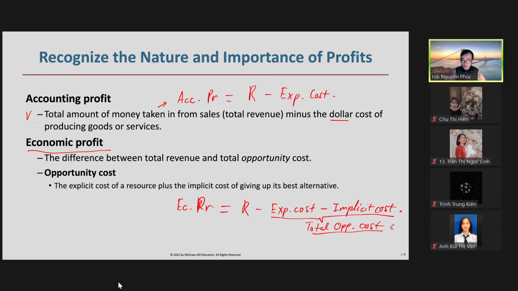What do we mean? You can observe the following. Sometimes in real life, the accounting profit might be positive, but the economic profit might be negative. Can you give me some example in real life of the case when accounting profit is positive, but economic profit is negative?